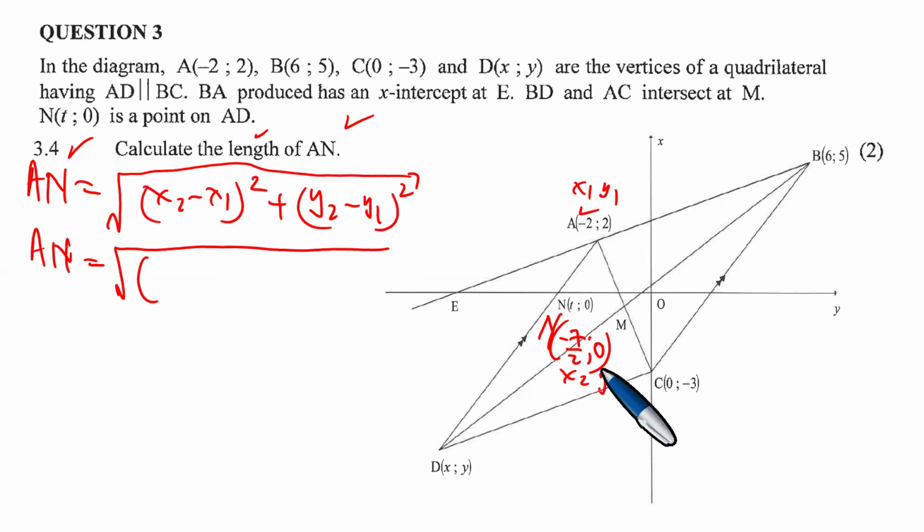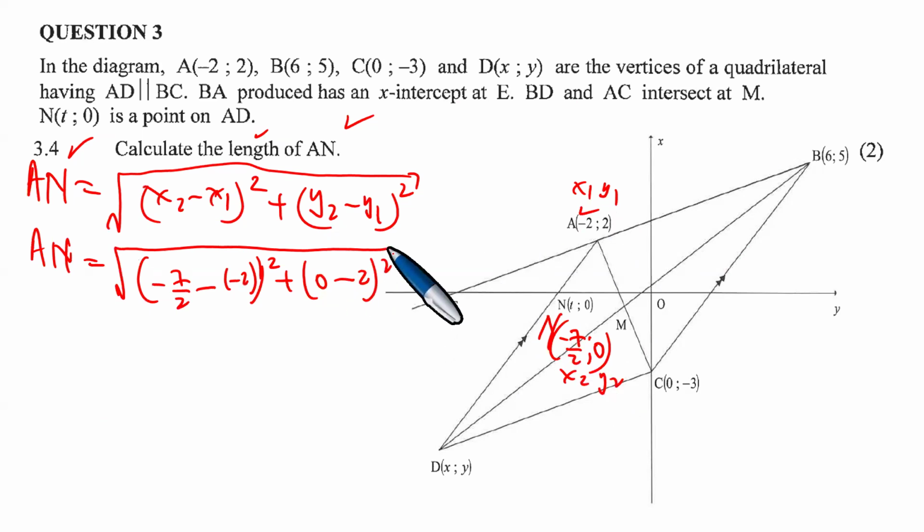What is x2? x2 is minus 7 out of 2, so you have minus 7 out of 2 minus x1. x1 is minus 2. You square this, plus y2 is 0 minus y1, which is 2, squared.